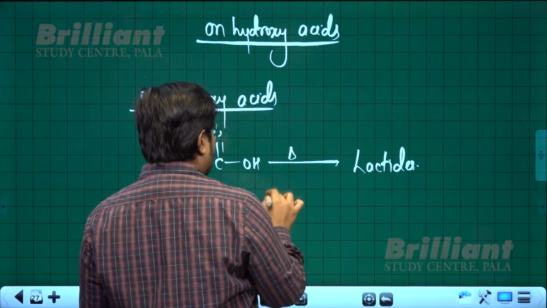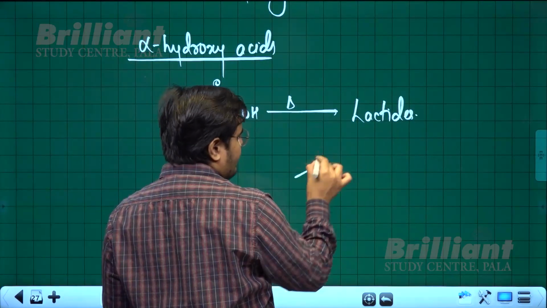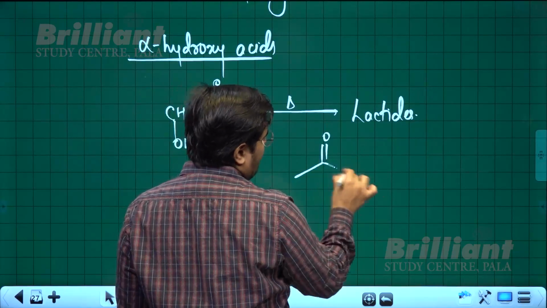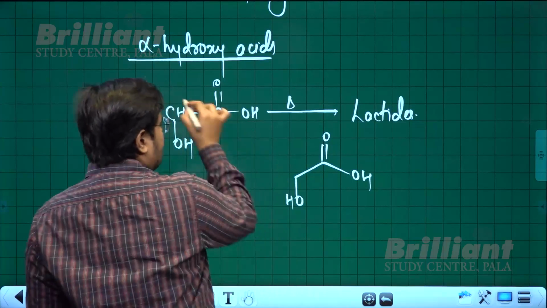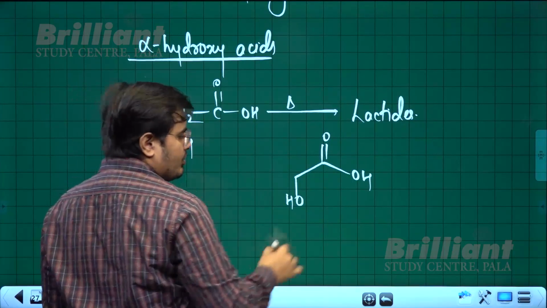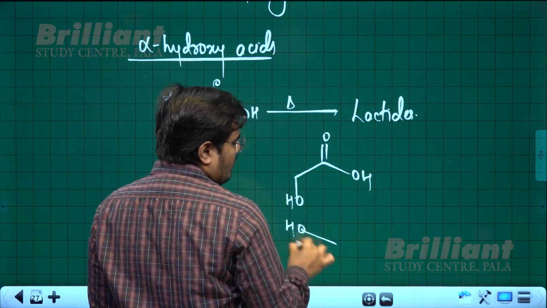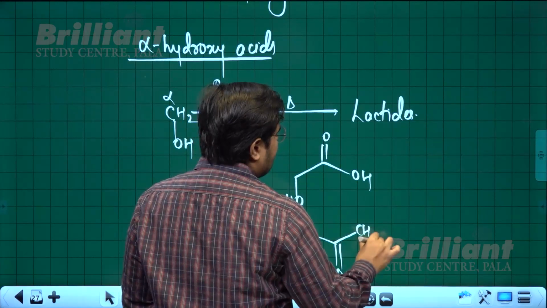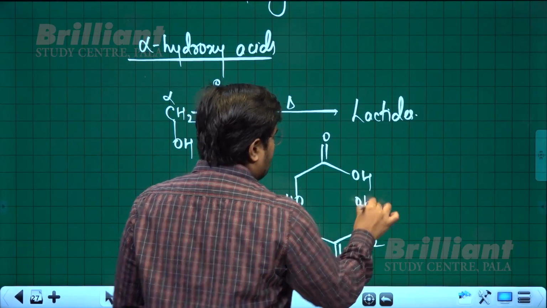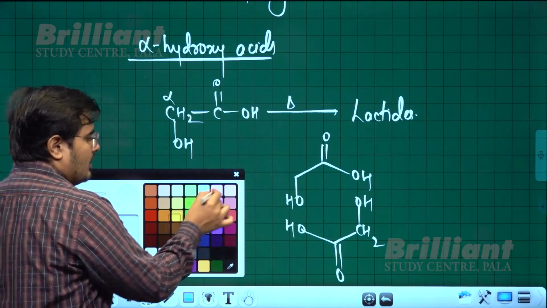Now how this lactide looks is, if I make the structure as this, C=O, OH, this is 1, because at the alpha position you have an OH group, and then similarly you can make another one as OH, C=O, CH2, OH. Then all you need to do is remove water molecules. How?